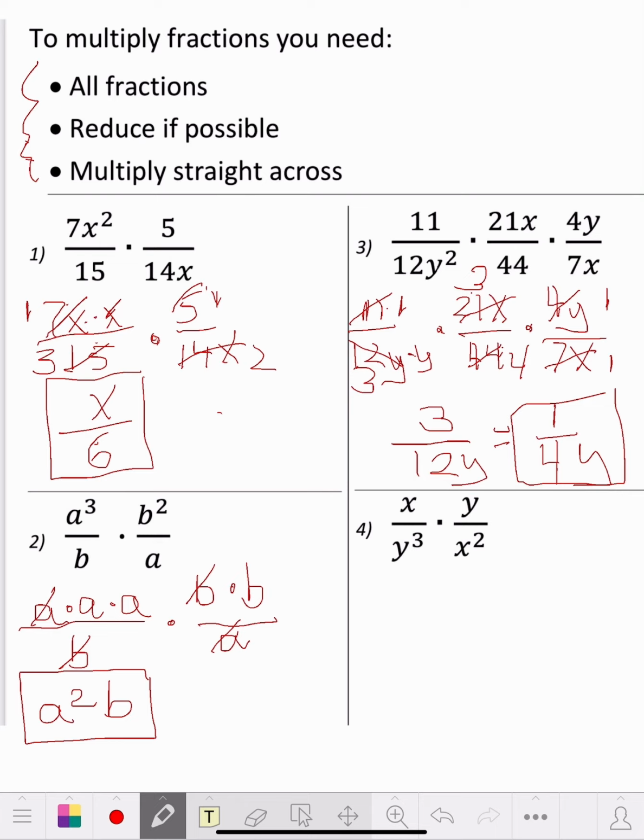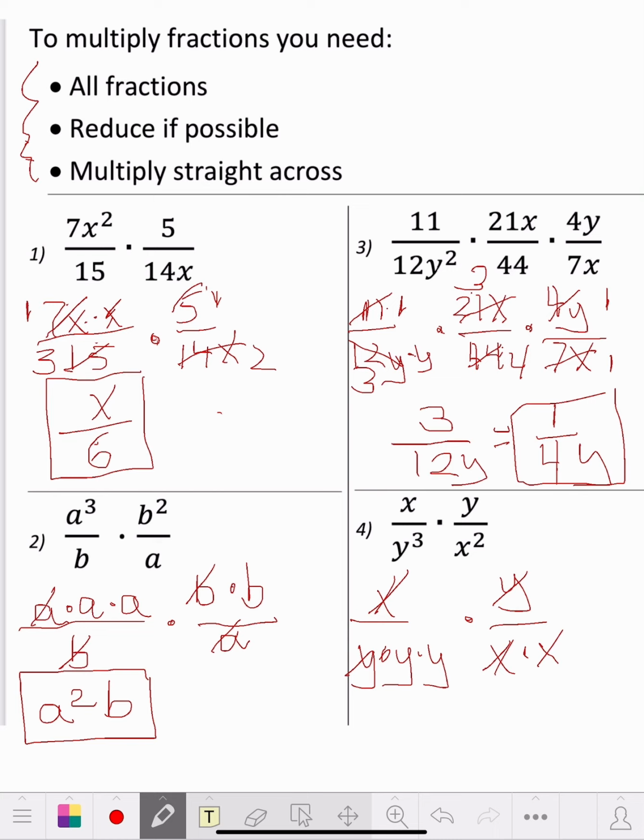So I'm going to rewrite this. I got x over y times y times y times y over x times x. So let's cross off these x's here and an x here. I can cross off a y here and a y here. So what am I going to come down with?